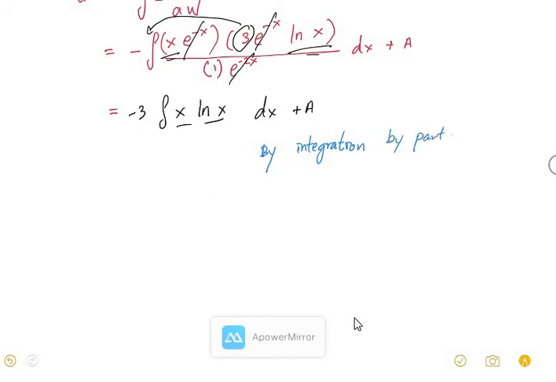So this one you need integration by parts.